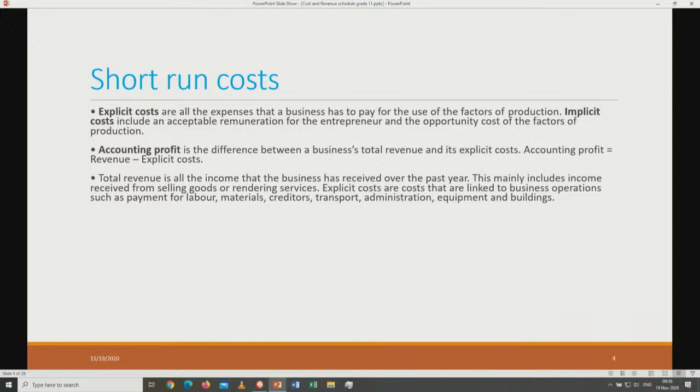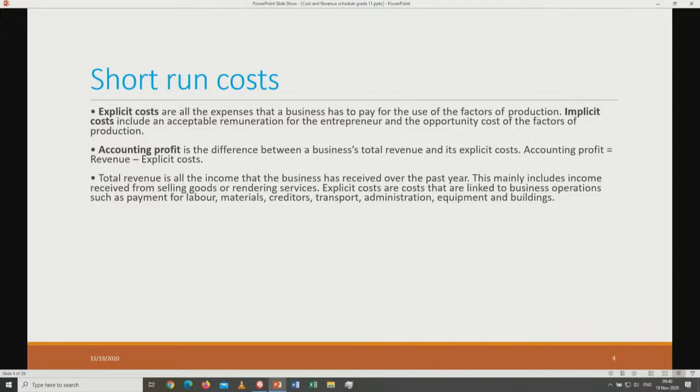You have to buy meat, you have to buy charcoal, and all those things. That is material. And sometimes you buy stock on credit, so you have to pay your creditors. That's one of your expenses. And the transportation of material from the abattoir to your chesanyama, transportation cost. The administration, every business has got to have its own administration.